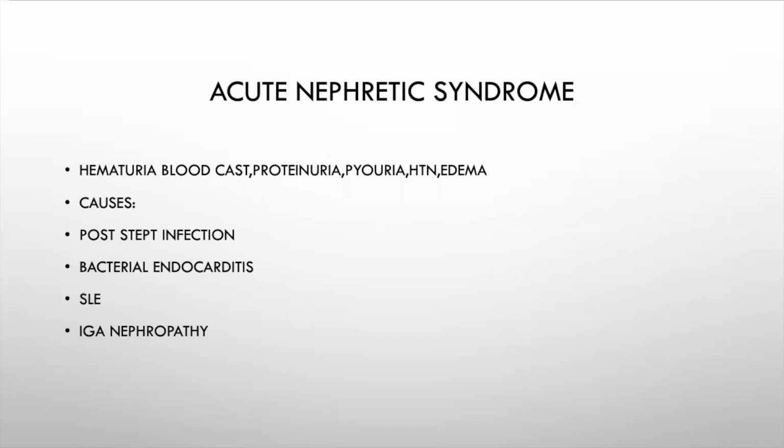Usually the effect on pregnancy is fetal loss, preterm labor, low birth weight, hypertension, and worsening proteinuria. And this can progress to chronic glomerulonephritis, causing proliferative sclerosing membranous glomerulonephritis and leading to end-stage renal disease.